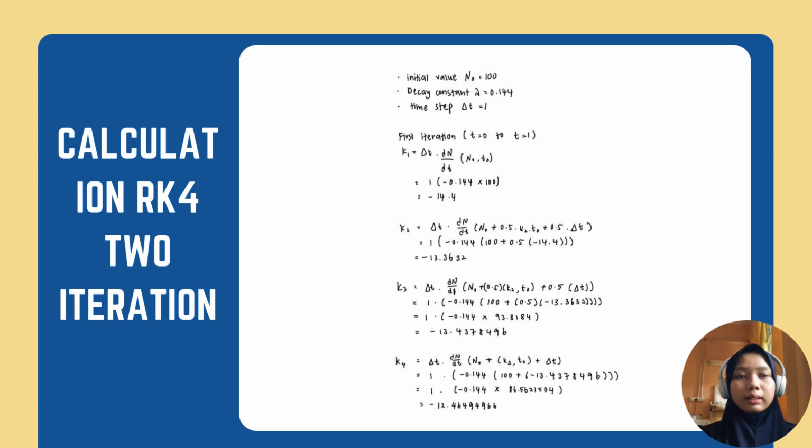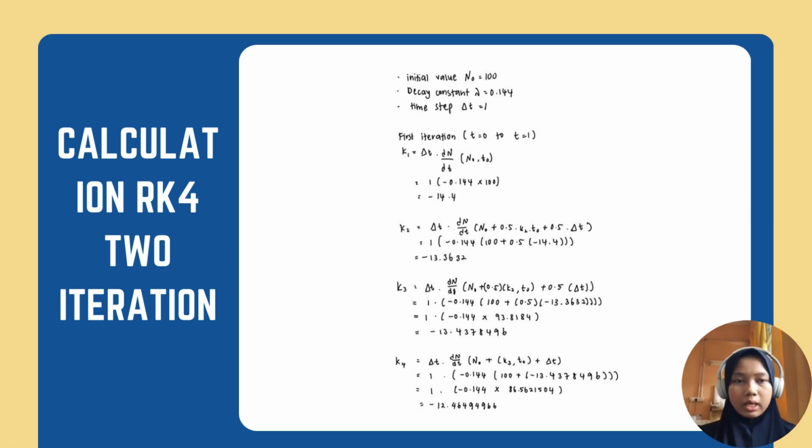Next, we will calculate the k2, where time step times dN/dt at N0 plus 0.5 times k1, t0 plus 0.5 times step. So the calculation will be 1 times negative 0.144 times (100 plus 0.5 times negative 14.4). We will get k2 equal to negative 13.3632.